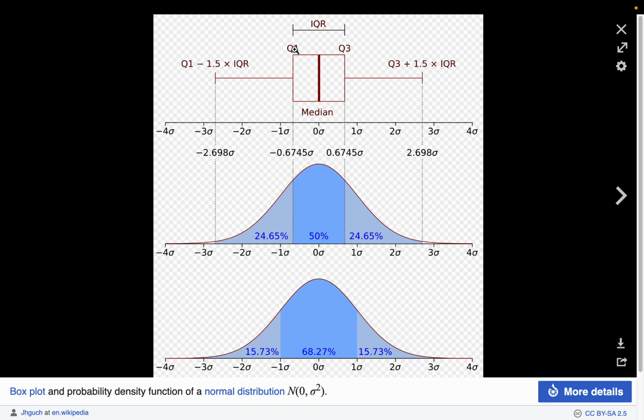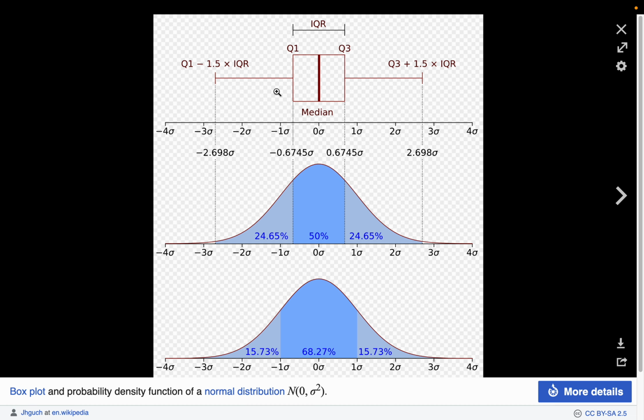Now between Q1 and Q3, this range we call the interquartile range, and the remaining 50% of the data sit between Q1 and Q3. Within that 50%, 25% sit between Q1 and the median value, and the remaining 25% lie between the median and the Q3 value.